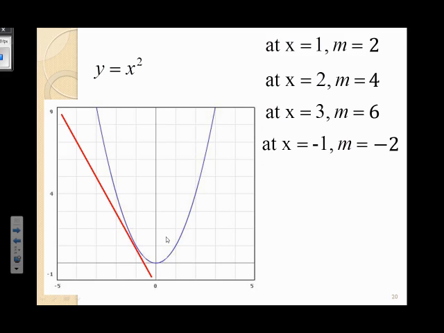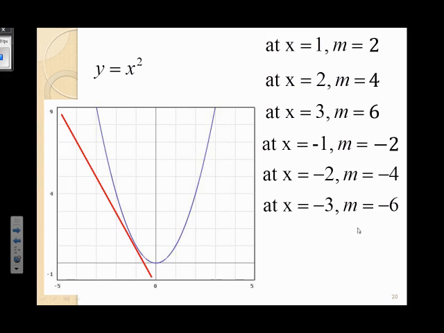If we do that for the other points, at x equals -2 and -3, hopefully we understand that we will get the same values except negative. Since the parabola is symmetric, the slope as it goes up will also be the same as the slope as it's going down, but negative because it's going down.